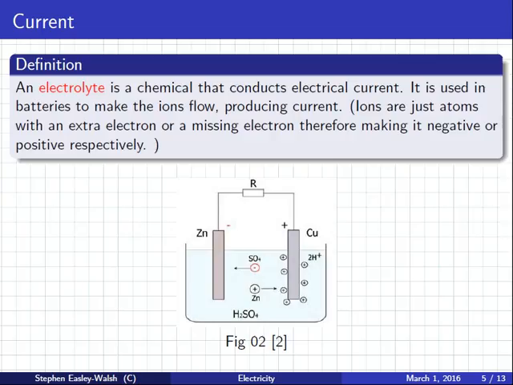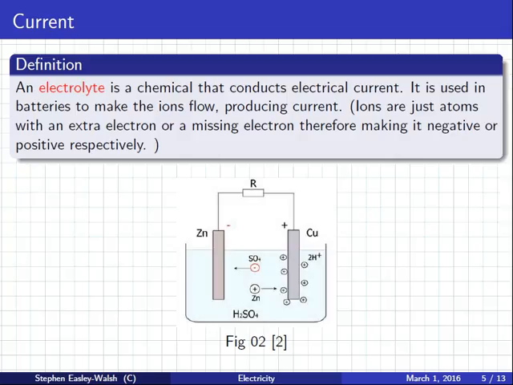Not this year, but you've done it before. So you can see there's the SO4 ion and the zinc ion, and you can see basically there's a flow of positive zinc to the right and negative SO4, sulfuric acid, to the left. Anyway, this is not really concerning us because this is more chemistry than physics right now.